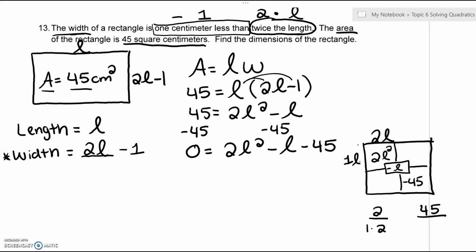And my factors of 45 are 1 times 45, 3 times 15, and 5 times 9. And so I've got to think about whatever I put in this spot right here has to get doubled, and I'm trying to get to 1.